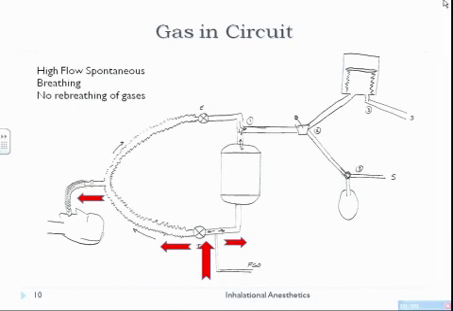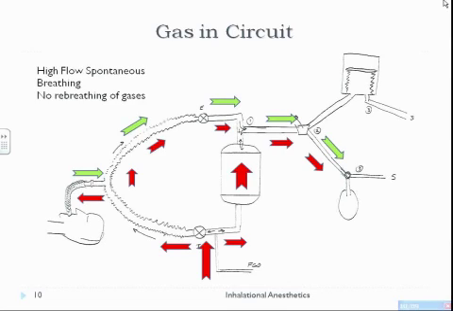As it goes backwards, okay, it goes back to the bear line. So it's going to act like a huge dam. All this gas that I exhale is going to go forward, and it's not going to come through the barrel line. Instead, it's going to go all out the bag, and then it's going to go out the scavenger system. So this person will not rebreathe the gas, and also will not rebreathe CO2.